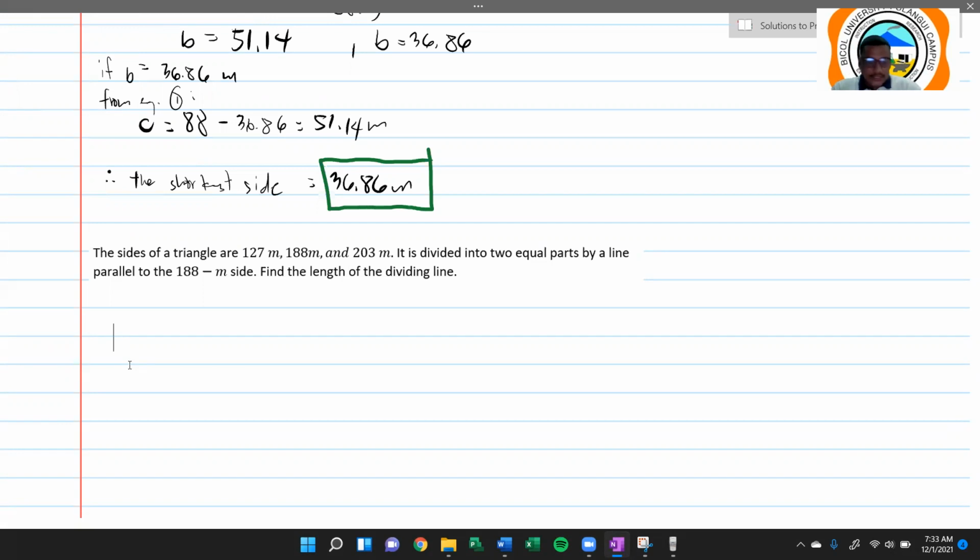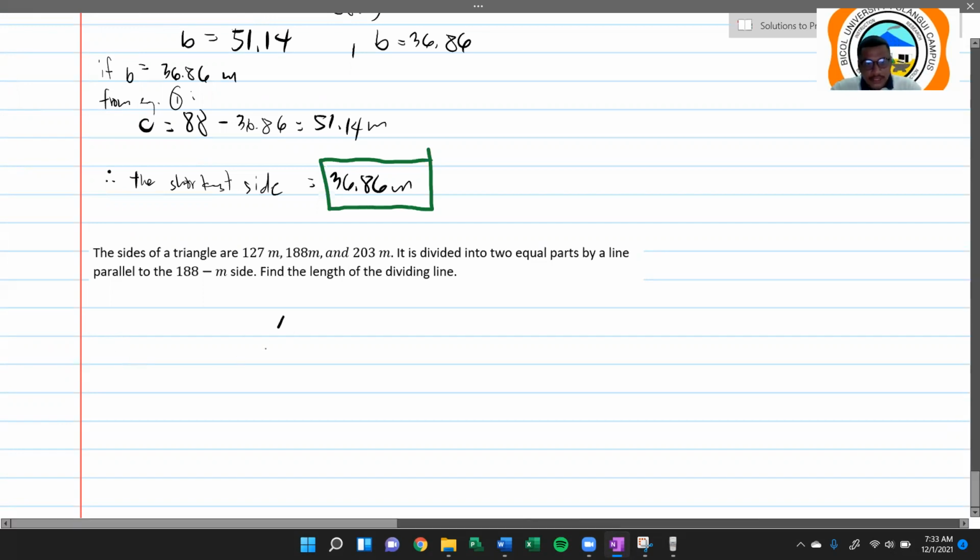So let's solve this. Say we have this triangle. Say this is our 188 meters side, this is our 127 meters and 203 meters side.